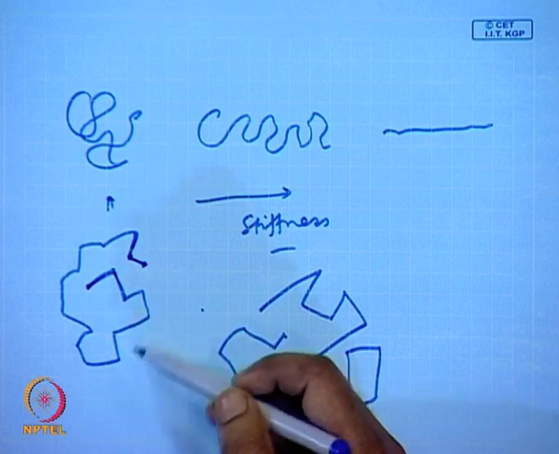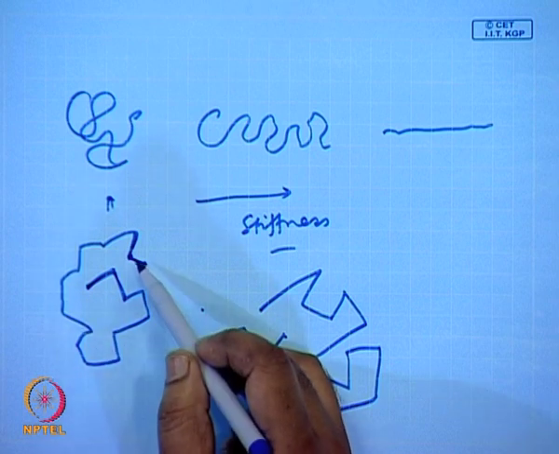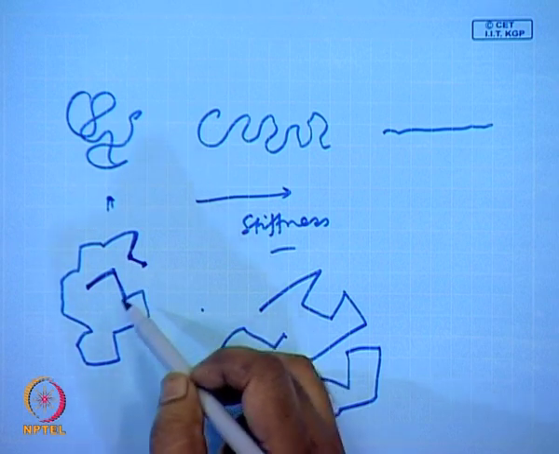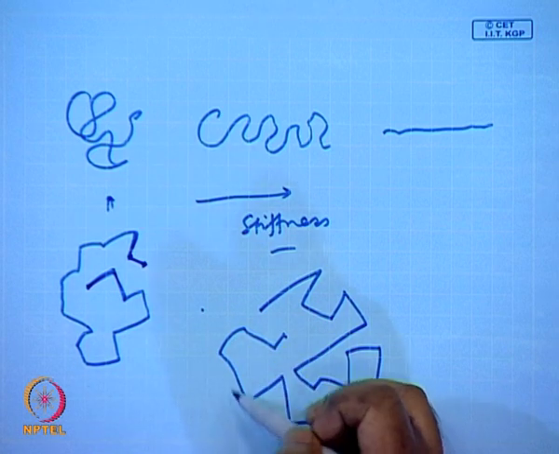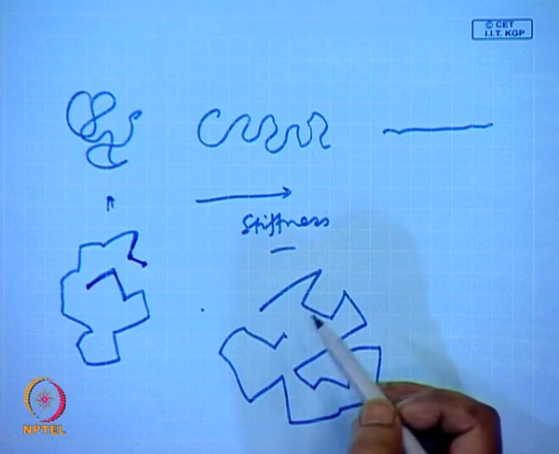We will come and talk about those in detail. What I am telling you is that in the case of a polymer also, the segments take a random walk, but not as freely as gas molecules do in diffusion.